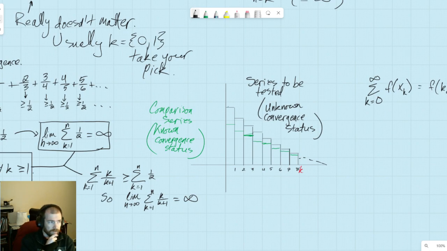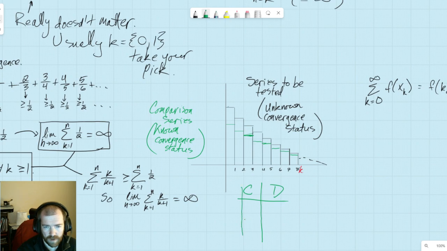Could it converge? Maybe. But the problem is that we don't know. So if we have a converge and diverge for the green function, what we're going to want to know is, for the black function, can we converge or can we diverge, based on the information that we have here?